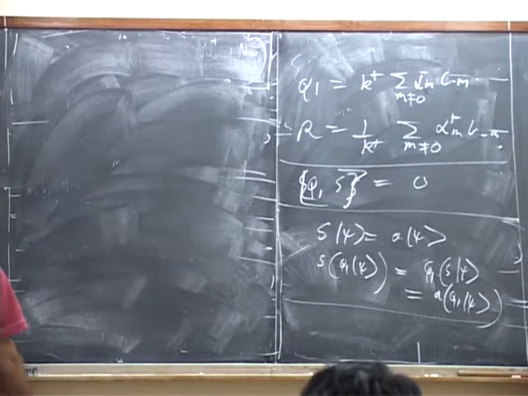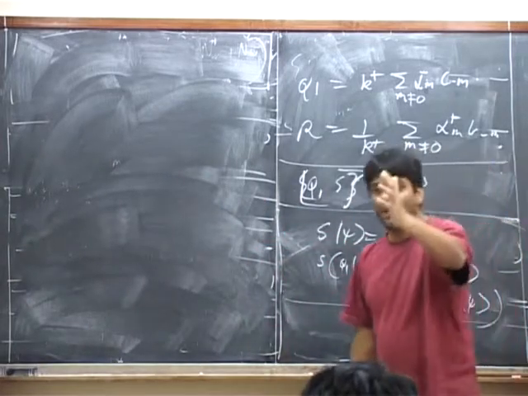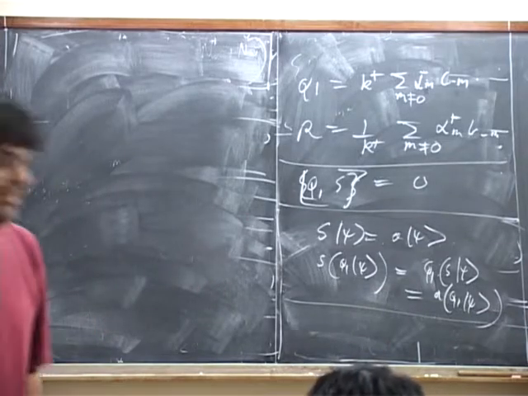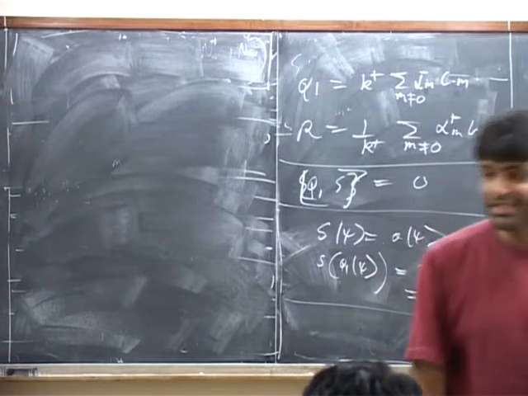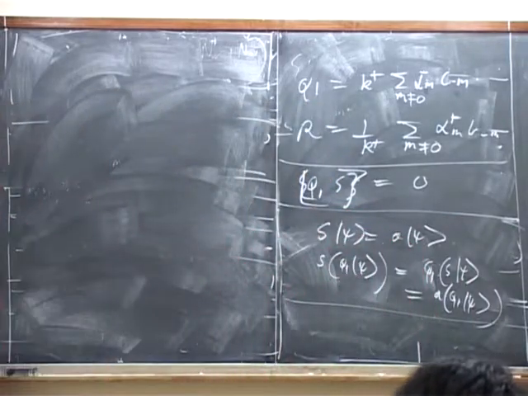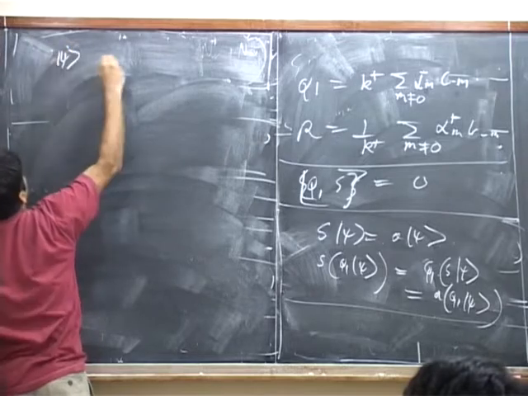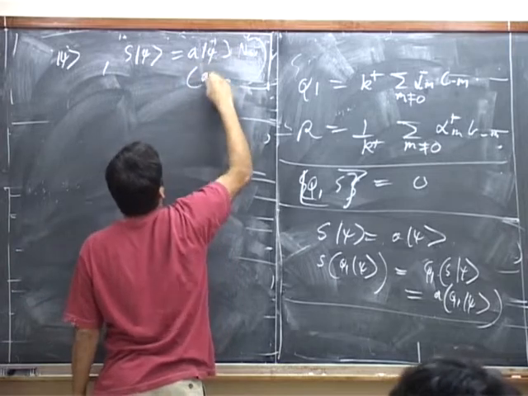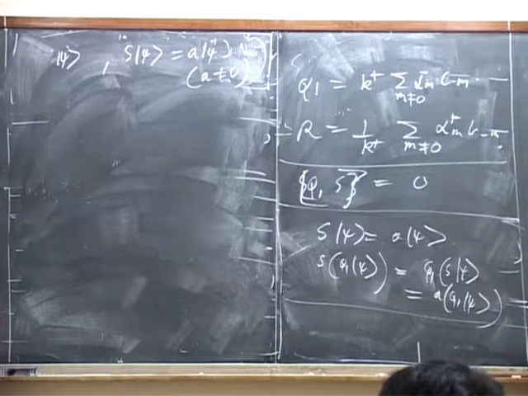So, okay. What I want to claim is that in some sector in which S has non-zero eigenvalue A, Q1 cohomology is empty. By the way, in order to prove that, I will prove that if Q on a state psi is equal to 0, then it is also Q exact. Okay, so consider any state psi such that S on psi is equal to A on psi and A is not equal to 0.